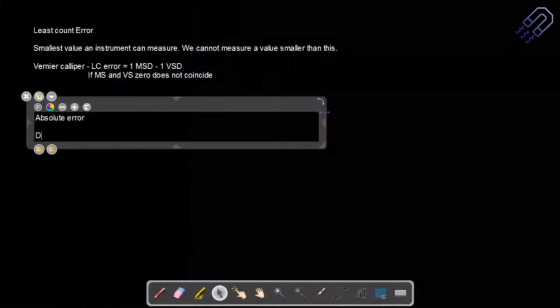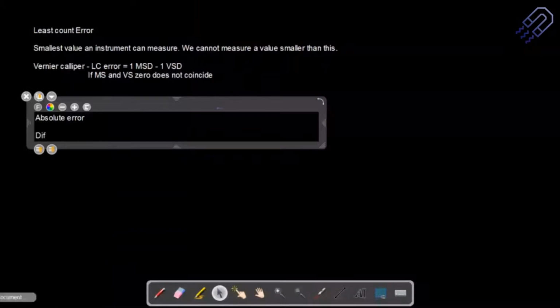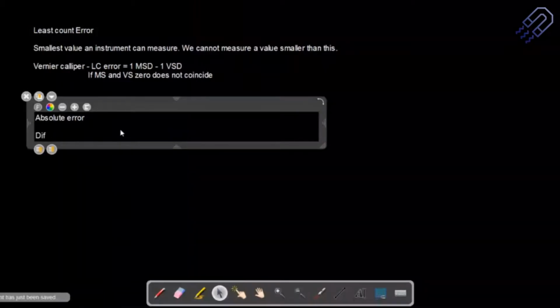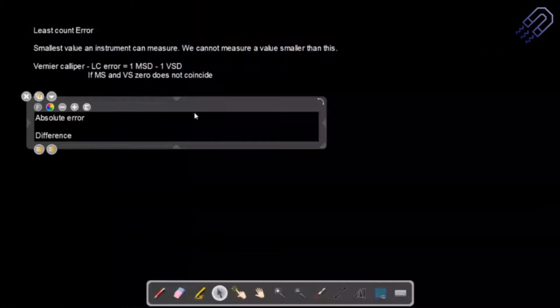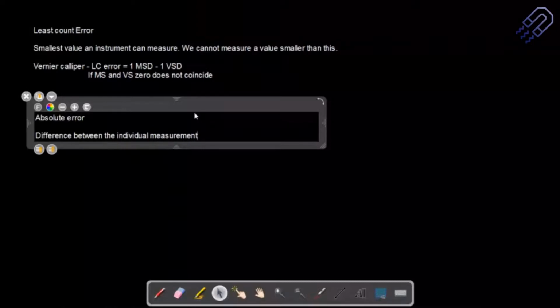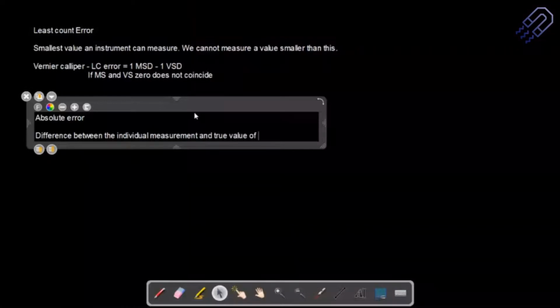The definition: the difference between the individual measurement and the true value of the quantity. As I write, please keep on understanding what exactly we mean by this.